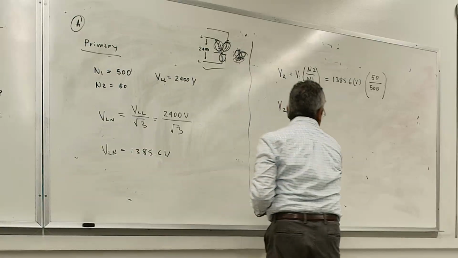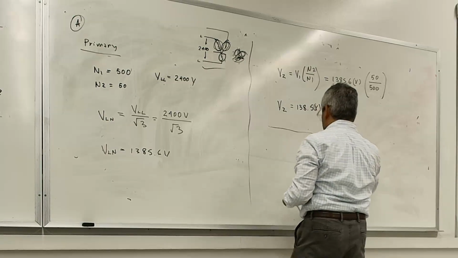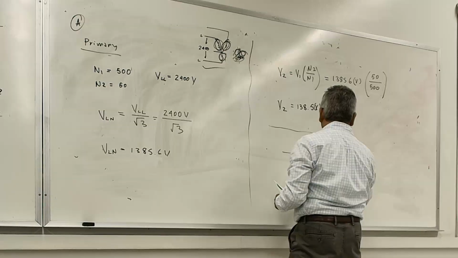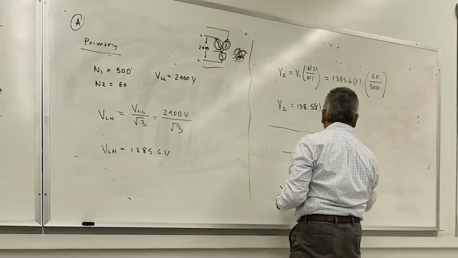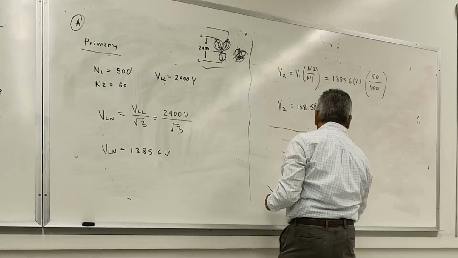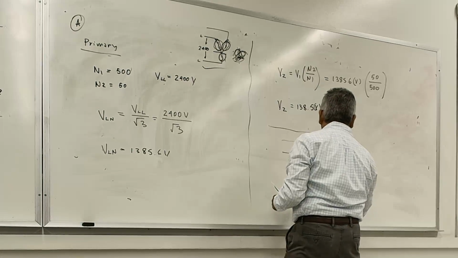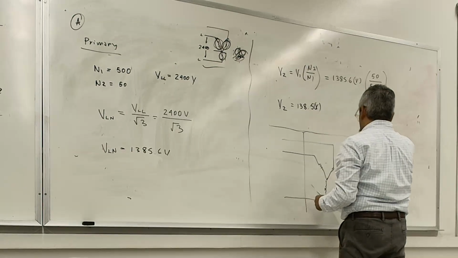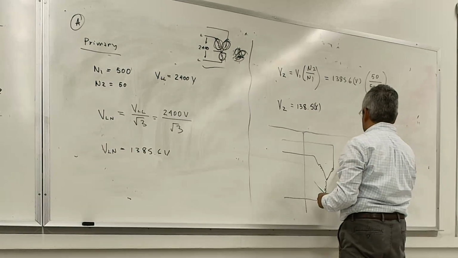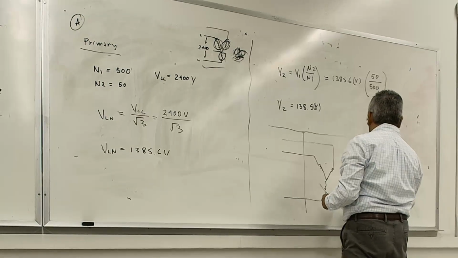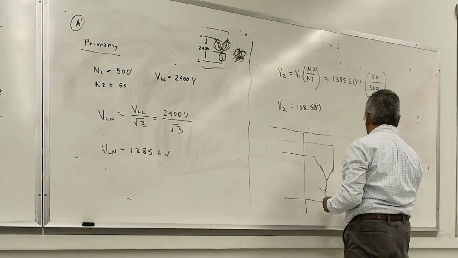So we can draw it this way. Here's my three-phase transformer, and here's my delta side, three-phase of course.